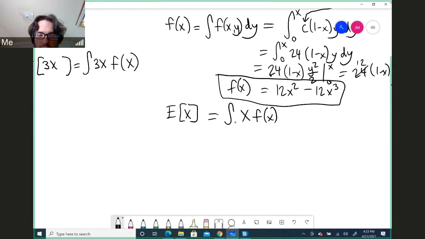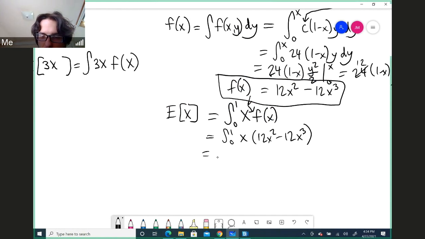So our limits of integration are 0 to 1. So at this point, we plug this marginal distribution into this integral, and then do the integration. So 0 to 1, x times 12x squared minus 12x cubed, like that.